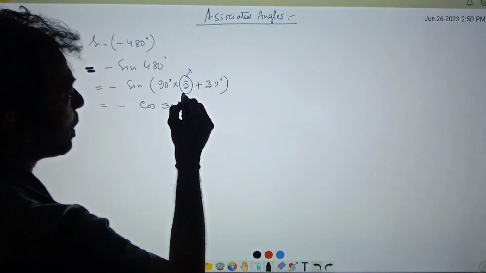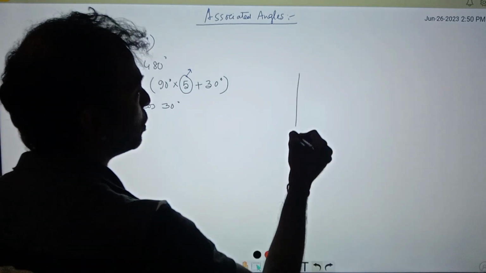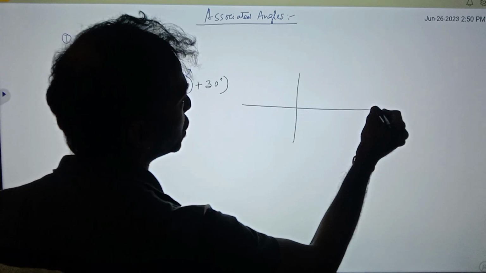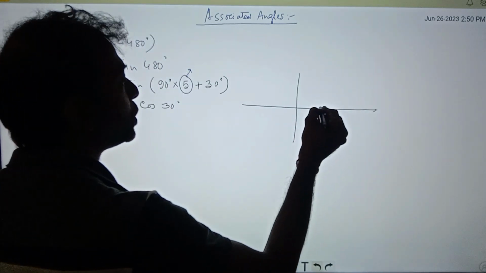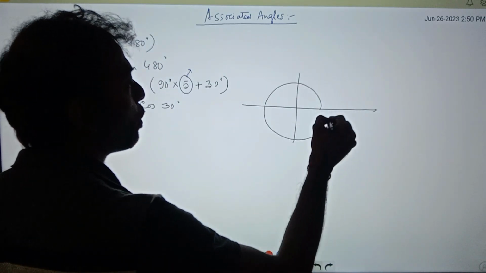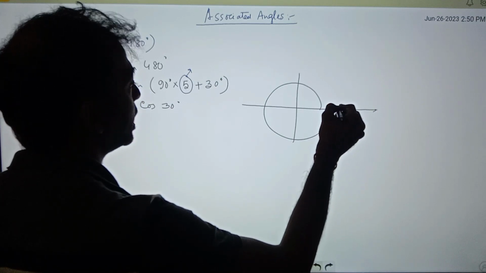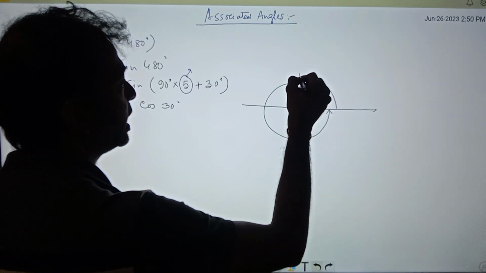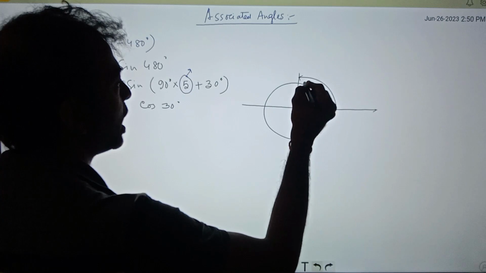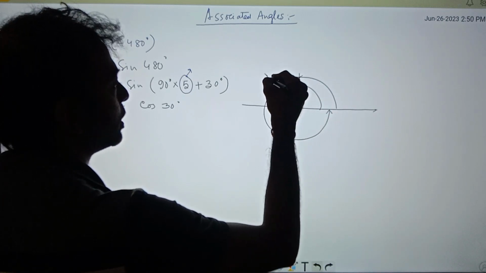Now 90 into 5 plus 30. What will be the last position here? The position will be 90 into 4, that is 360 degree, then 90 into 1 again, that will be 90 into 5, and after that plus 30.